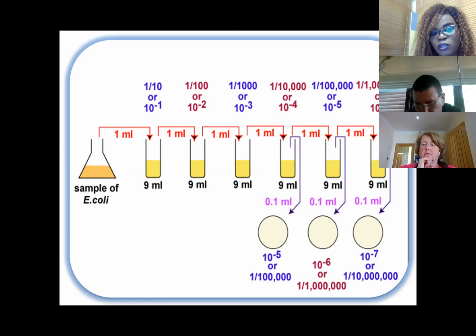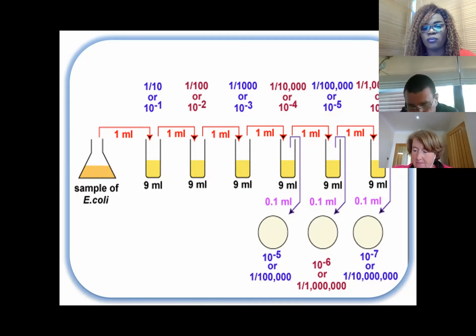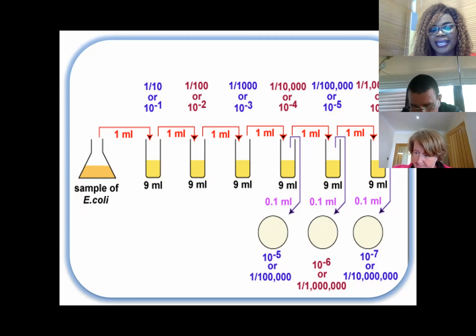When you do the first dilution, because it's 1 ml into 9, that makes 10. So one other way of referring to that is 1 in 10 dilution. Then when you take 1 ml from the 1 in 10 to the next one, it is 1 in 100.